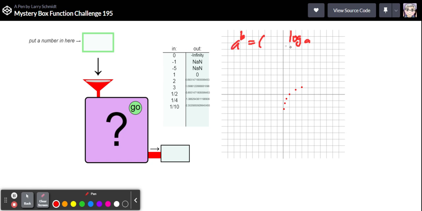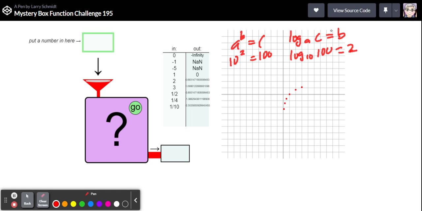And so the log base a of some number is going to give you the power. So for example, if I had 10 to the second power, that would equal 100. The way we'd express that is that the log base 10 of 100 is 2. So the log of some number is giving you that power that you raise this base to get that result.